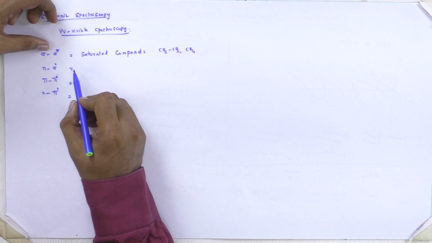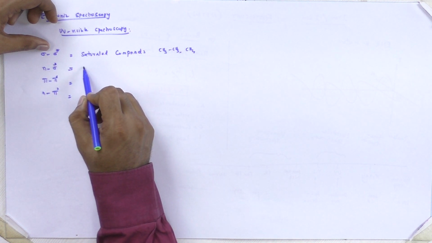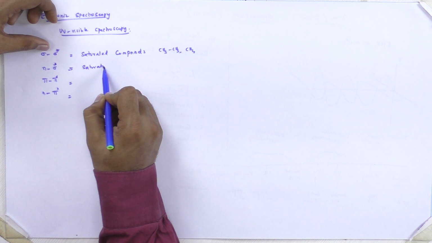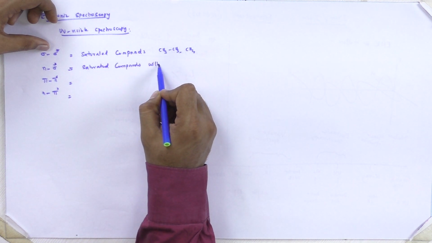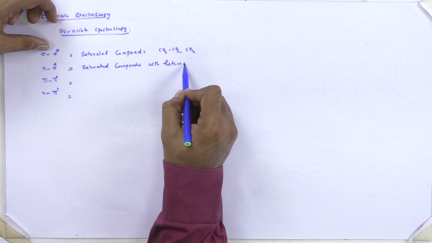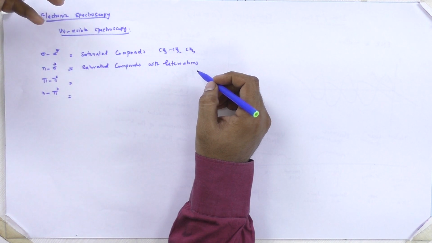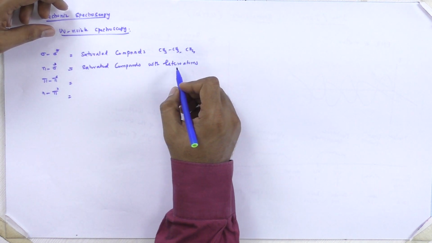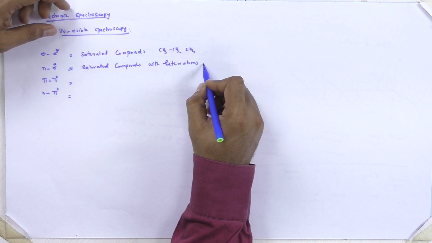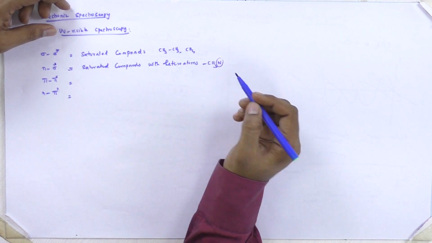Whereas n to sigma star happens in saturated compounds with heteroatoms. Heteroatoms means apart from carbon and hydrogen, nitrogen, oxygen and sulfur are called heteroatoms. Here the example is CH3N, where N is the heteroatom.